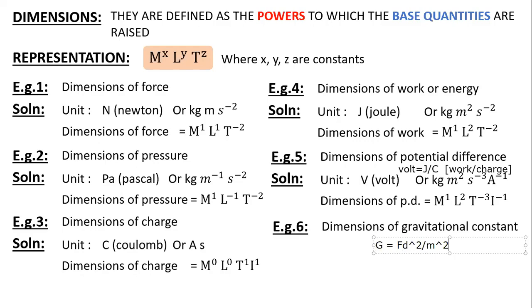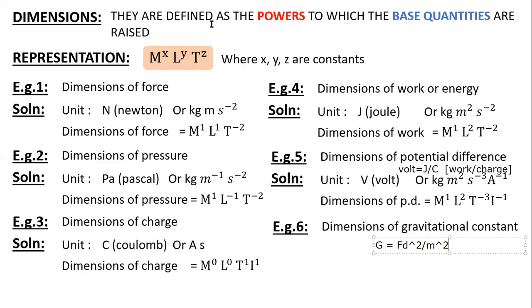The force unit we already know, that is kg meter per second square. Distance square will become meter square, so meter into meter square will become meter cube. And per mass square, that means per kg square, so one kg will get cancelled and the denominator will have 1 kg. Means mass is minus 1, length is 3, and time is minus 2.